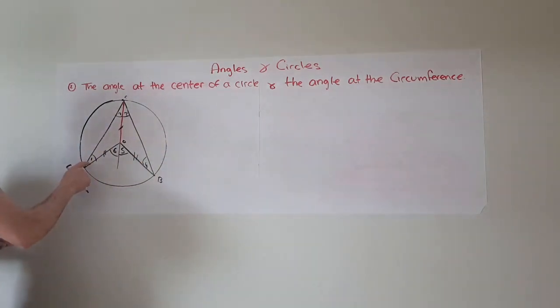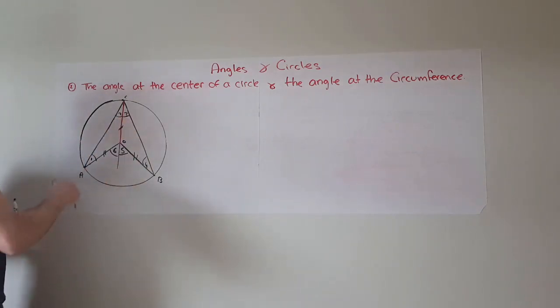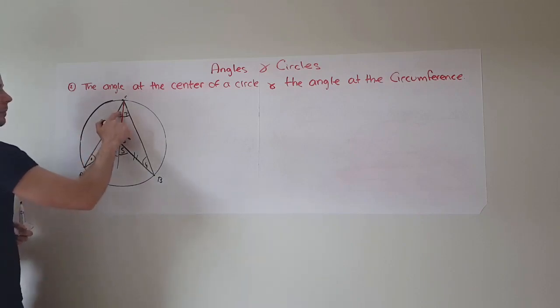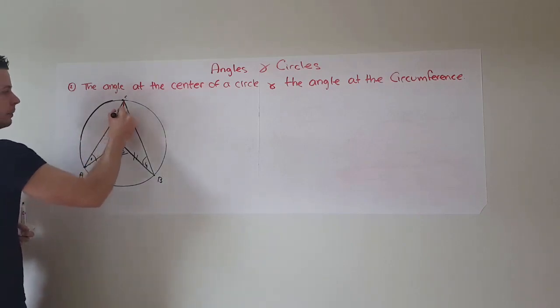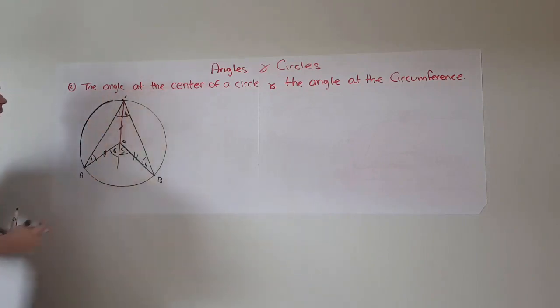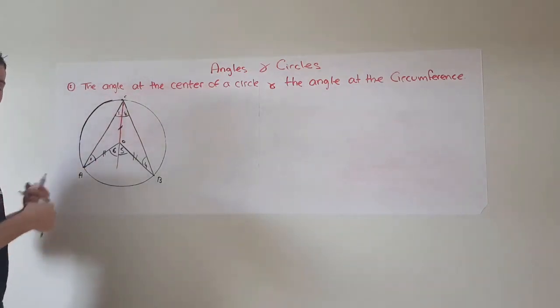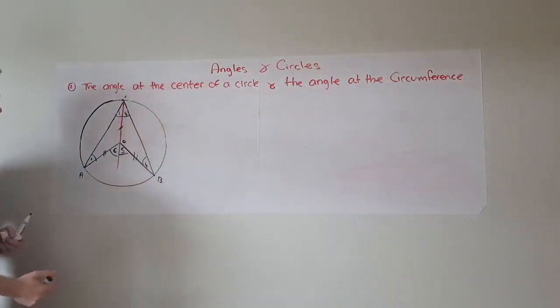This angle and this angle are equal, so angle 2 is equal to angle 1. Similarly, angle 3 is equal to angle 4. So I'm going to rename 2 and 3 as 1 and 4, so 1 and 1, 4 and 4, because they're equal. I don't know how to measure them, but I know that they're equal.